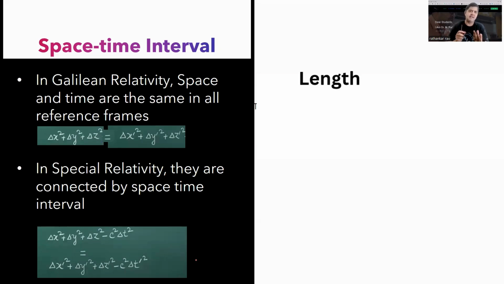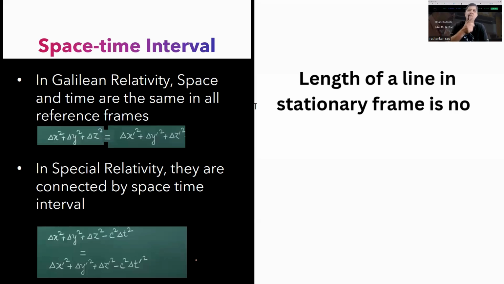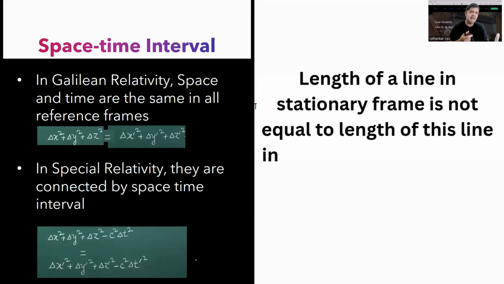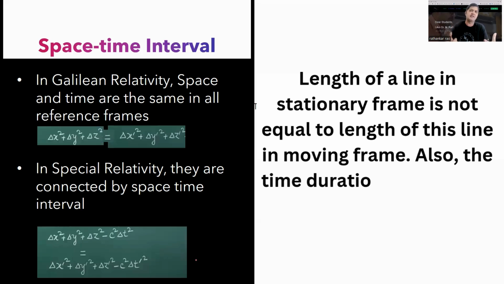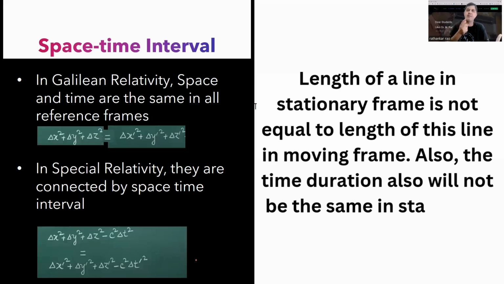So in essence, delta x square plus delta y square plus delta z square, which is nothing but the length of a line in 3 dimensions, should also be equal to delta x dash square plus delta y dash square plus delta z dash square. That's what we have seen in Galilean relativity in the moving frame.